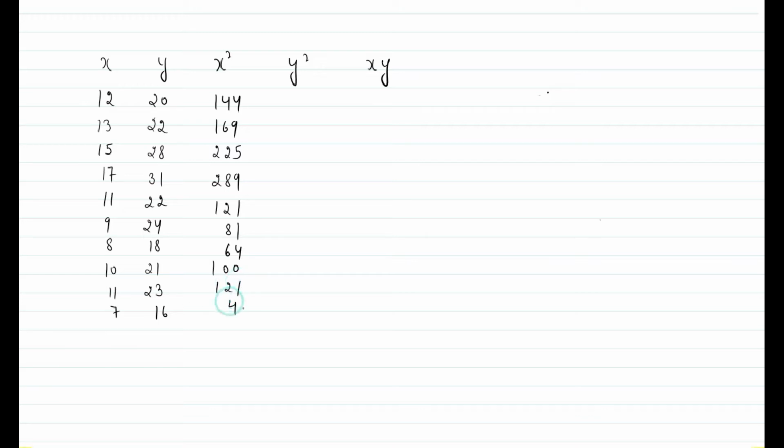7 square 49. Same as we did for x square, we're gonna do for y square.